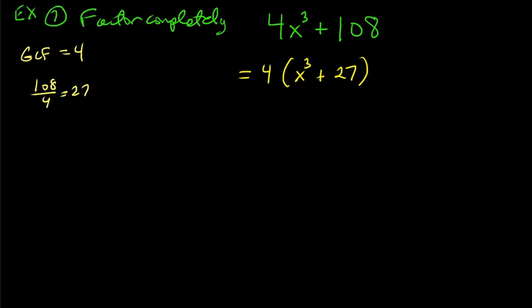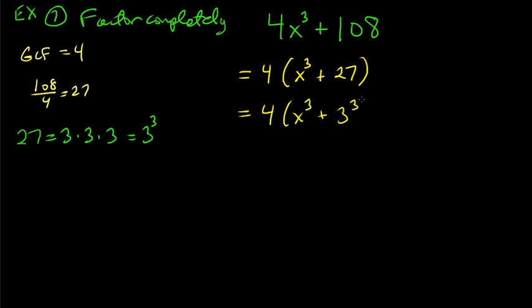Well, I hope you recognize by now that 27 is a perfect cube. It's 3 times 3 times 3, which is 3 to the 3rd power. So we have x cubed plus 3 cubed. That looks like the sum of 2 cubes, right?